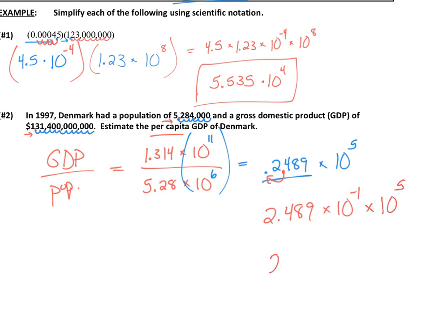So now we'd end up with 2.489 times 10 to the 4th power. So that got tricky because we had multiple things when moving decimals with scientific notation. But scientific notation is just properties of exponents. Okay, and we're going to stop right there.